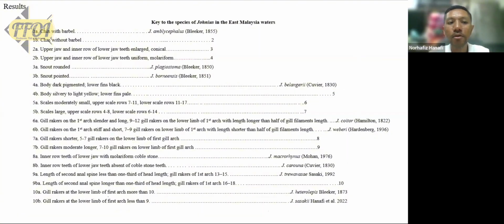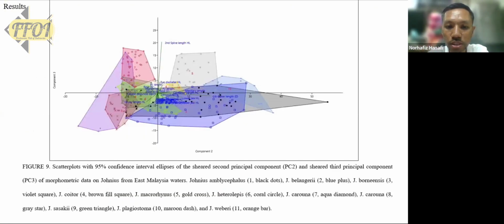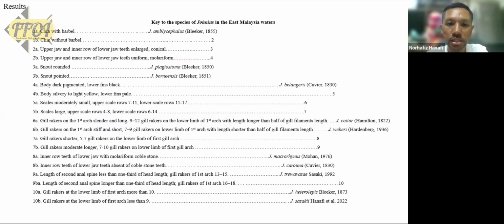For example, from observation, I can see from the chin to barbel, upper jaw, snout rounded, snout pointed, body pigmented. But when going to the more complex measurements, I have to look at the scale, the geographical, the inner row, the length of the second anal spine. Masa ni lah analisis tu membantu untuk key to the species. So this is why we need to do this also, and then it helps us understand and build up the key to the species.